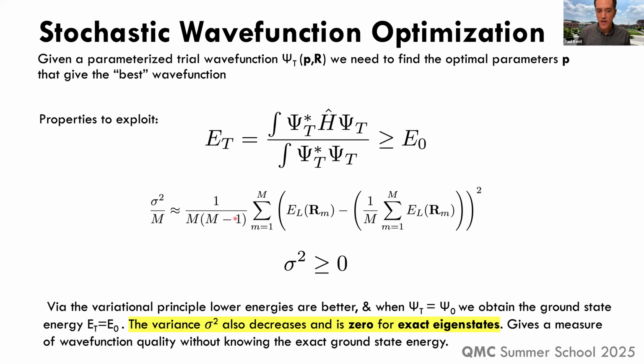But another thing we know is related to the variance of the wave function. In particular, the variance is positive definite, and it will go to 0 if we have an exact eigenstate, including the trial wave function. One can see that here. This is a standard statistical approach for the variance of a quantity: the spread away from the mean, squared, summed over the number of samples.